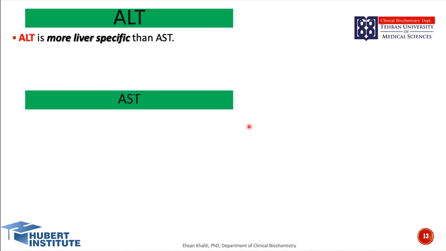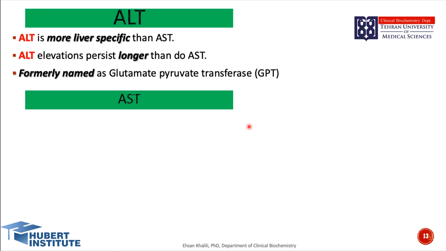But ALT is more liver specific than AST. ALT elevation persists longer than AST. It was formerly named glutamate pyruvate transferase, or GPT. In past years, it was common to write GPT instead of ALT.